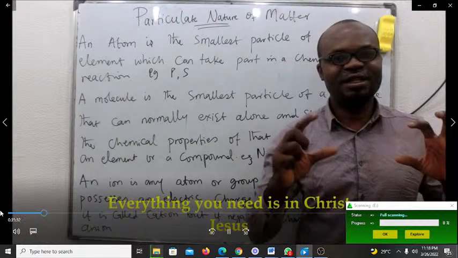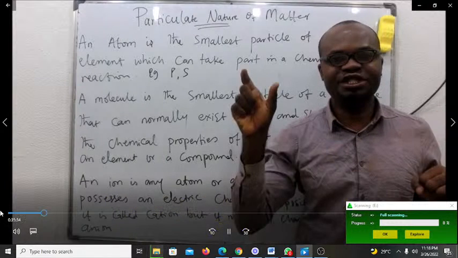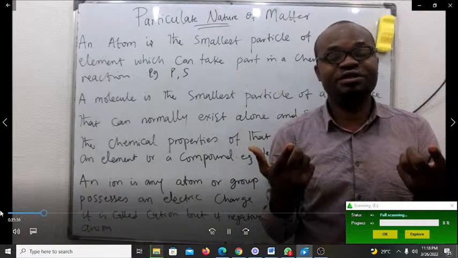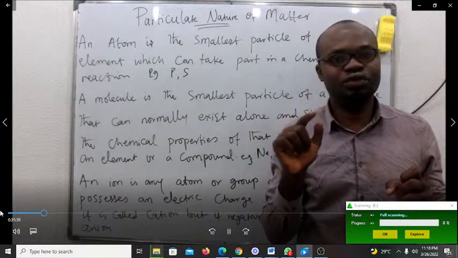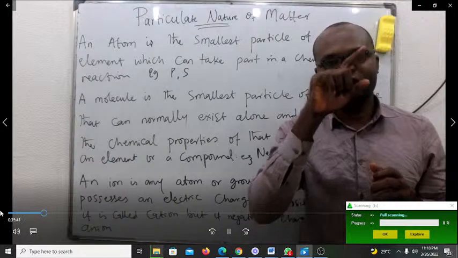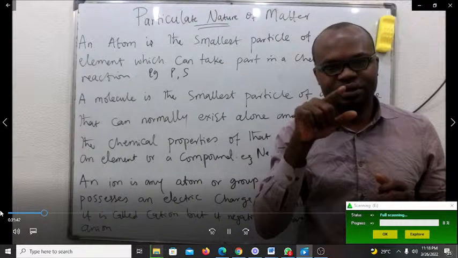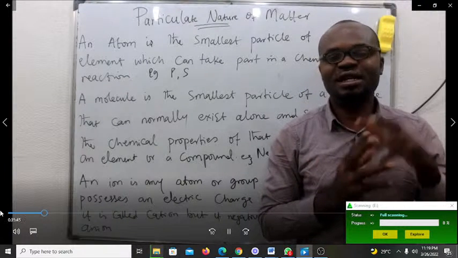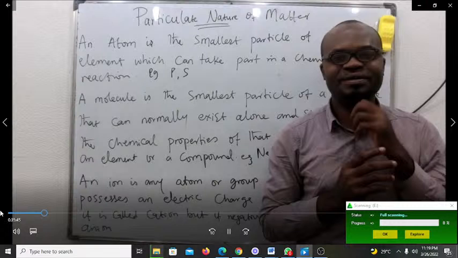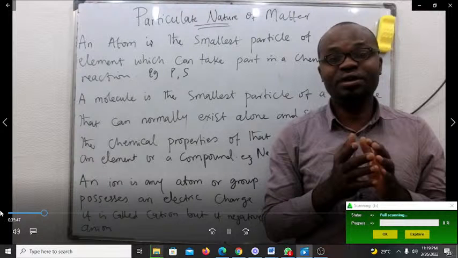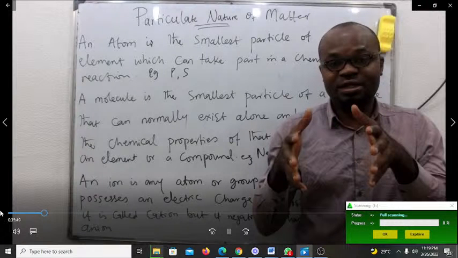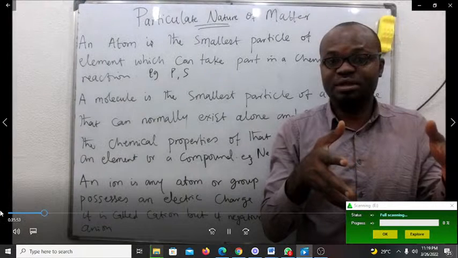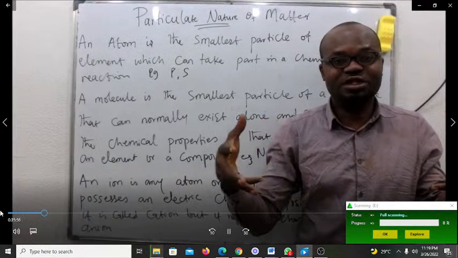An atom of hydrogen is written as H, whereas a molecule of hydrogen is written as H2, H subscript 2. Now, what is an ion? An ion is an atom or group of atoms that possess an electrical charge.